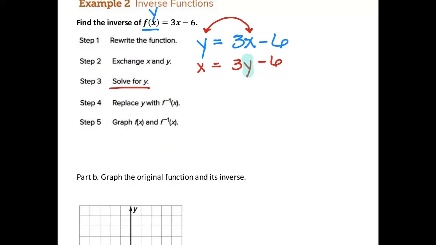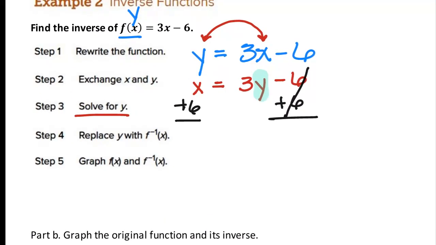I need to add 6. So let's add 6, and let's add 6 on the other side of the equal sign. The 6's over here are going to cancel out, and I am left with 3y on the right-hand side equals x plus 6. Are those like terms? Can I combine those? No. So I'm going to leave it as x plus 6.